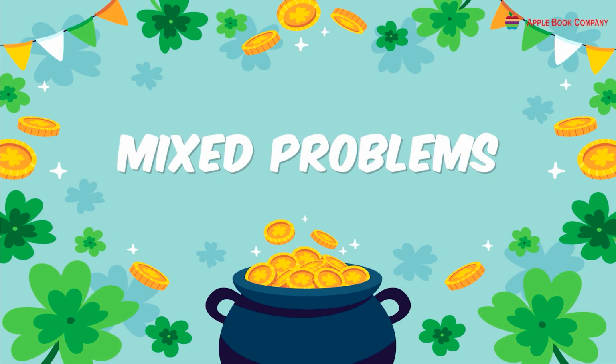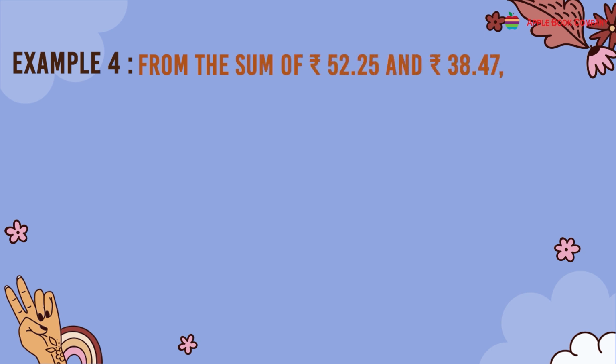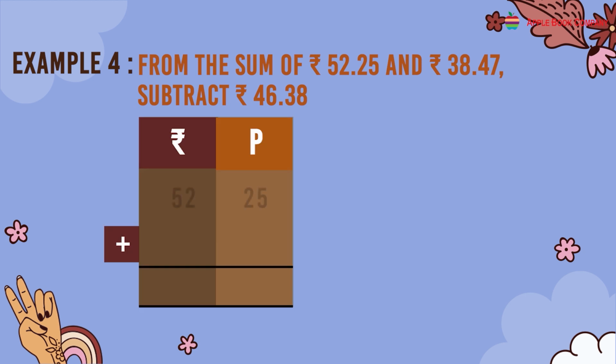Mixed problems. Example 4. Find the sum of 52 rupees 25 paise and 38.47 paise. Subtract 46.38. You add the sum. 52 rupees 25 paise plus 38 rupees 47 paise is equal to 90 rupees 72 paise.